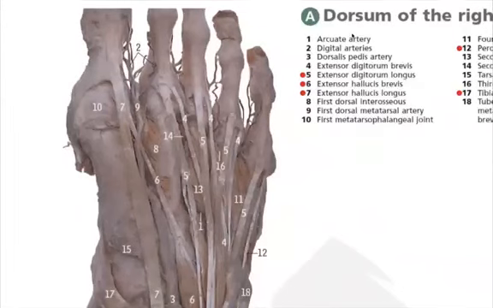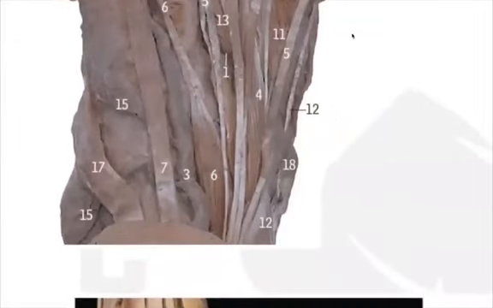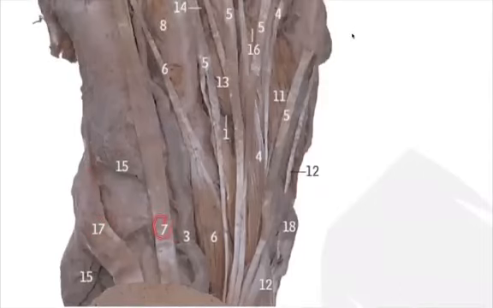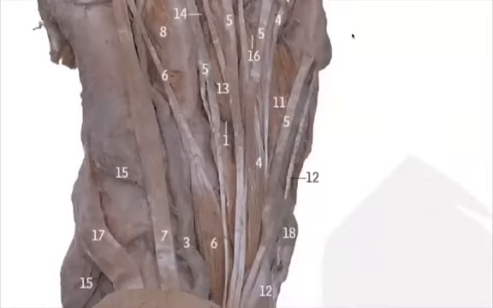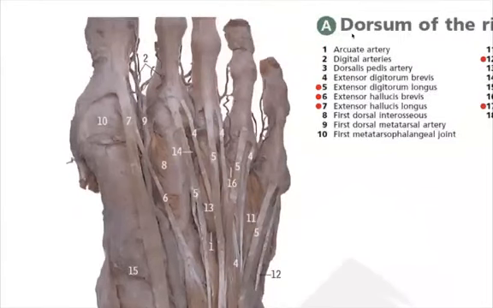First thing first, you have to identify number 17. This is the tibialis anterior. And you can see number 7, very long. It is the extensor hallucis longus.